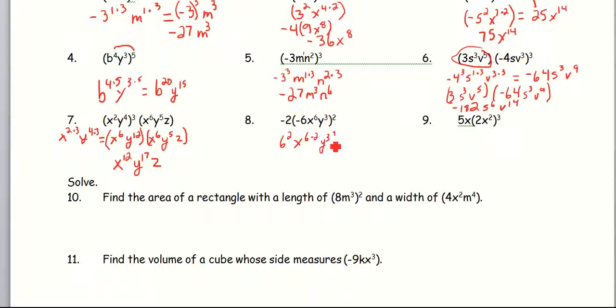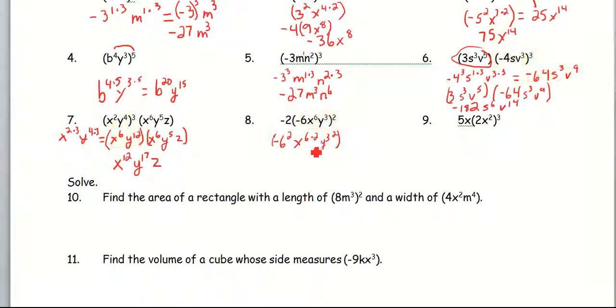And what that gives us, I'm going to bring it down here. Oh, that should be negative 6. I want to make sure I got that right, with those parentheses, just so we know where we're at.